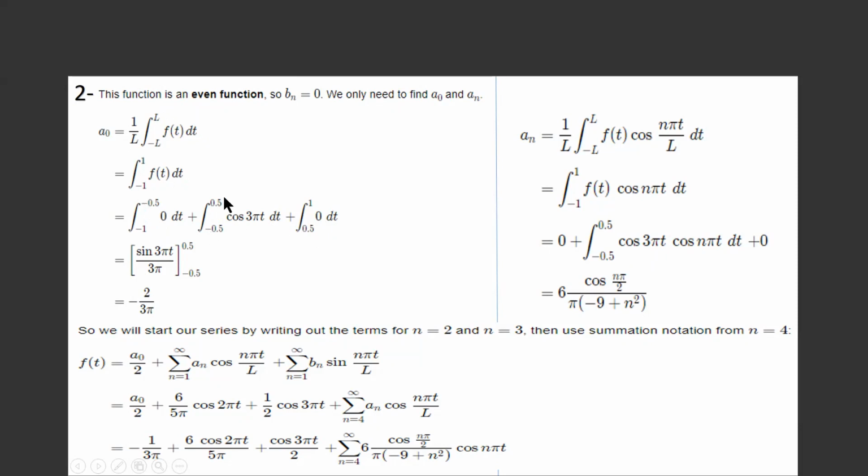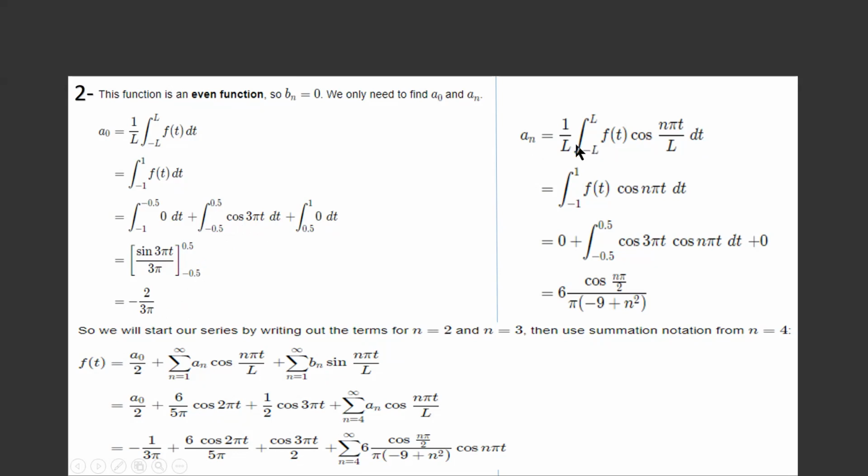So you only need this definite integral. What is the integration of cosine? It is sine, the same angle, divided by the derivative of this angle with respect to t, my independent variable. Once you integrate, you substitute by the lower bound and the upper bound. So you will have A naught like this.